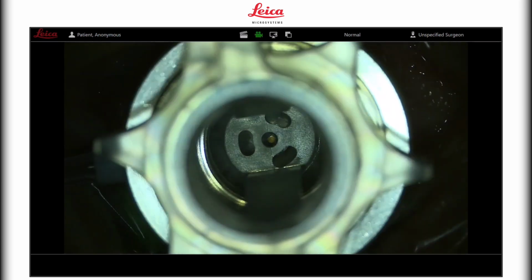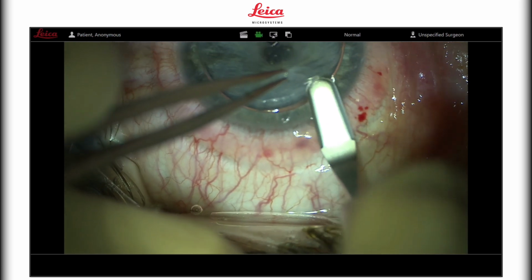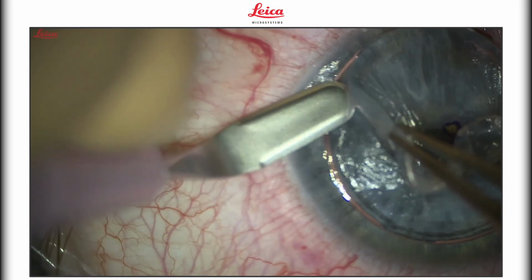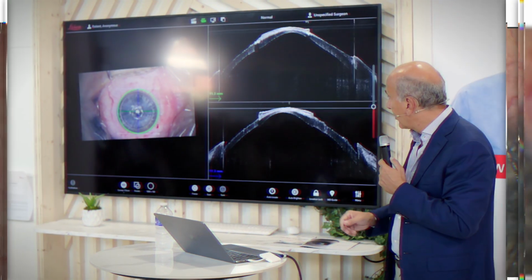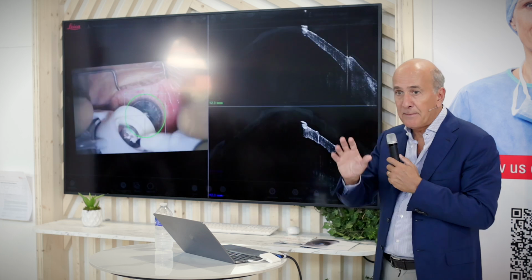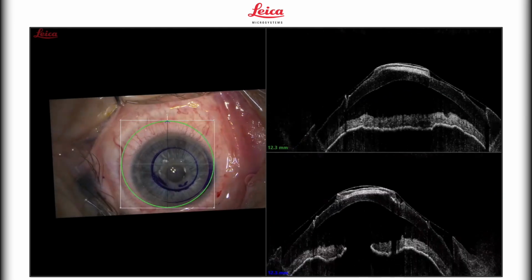So we perform a partial thickness trephination, about 300 microns, remove a layer of stroma, and once the layer of stroma is removed, then we perform a central full thickness trephination of 6 millimeter. We mark the trephine, and we perform a full thickness trephination.